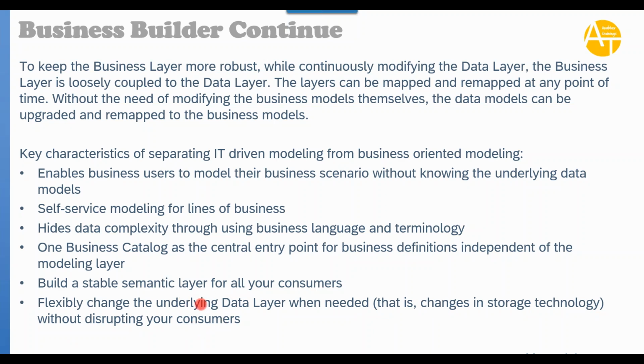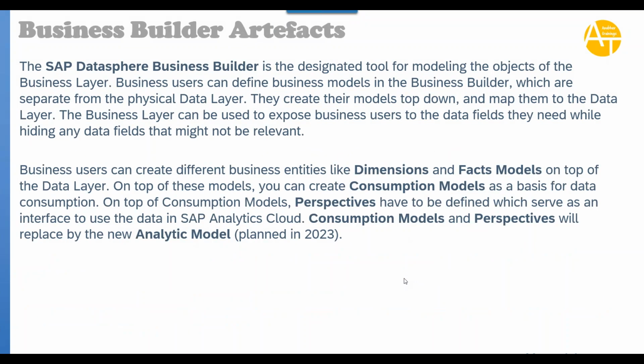So that is the best idea: once you have a layer in the middle between the consumer and your data, if your data layer changes, your consumer has no need to adapt to that change because the business layer in the middle keeps it stable. That is the biggest benefit we get when we use the business builder and business layer.